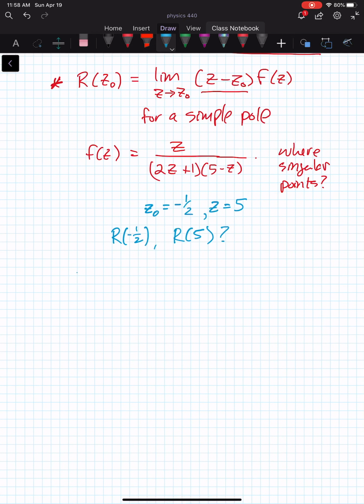We can use this formula to find the residue. The other way is a Laurent expansion, so we go all the way back up here, right? And we know that a minus 1 is the residue.